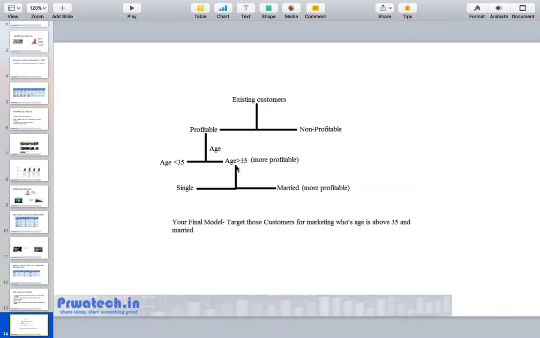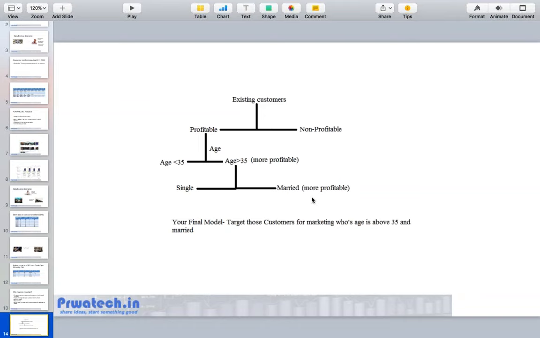Again, suppose you consider another parameter, marital status. In this condition, suppose married customers use credit cards more than single or unmarried persons. So you have to consider only married persons.